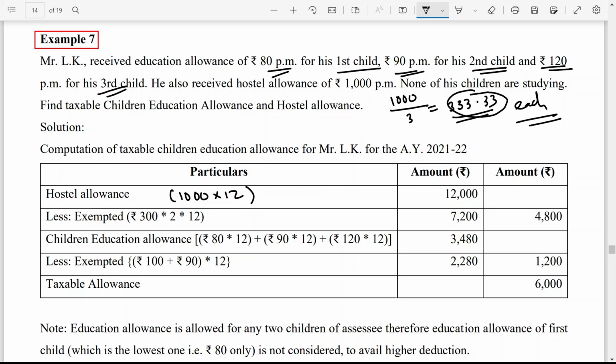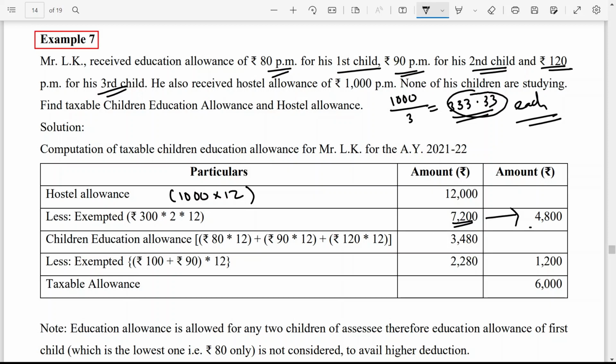So 300 multiplied by 2 multiplied by 12. Why 2? Because a maximum of 2 children's deduction is available. Why 12? Because a 300 per month deduction is available. You have to convert into per year, so you will get 7200. Now if you deduct 7200 from 12,000, you will get 4800. So this is your first answer.